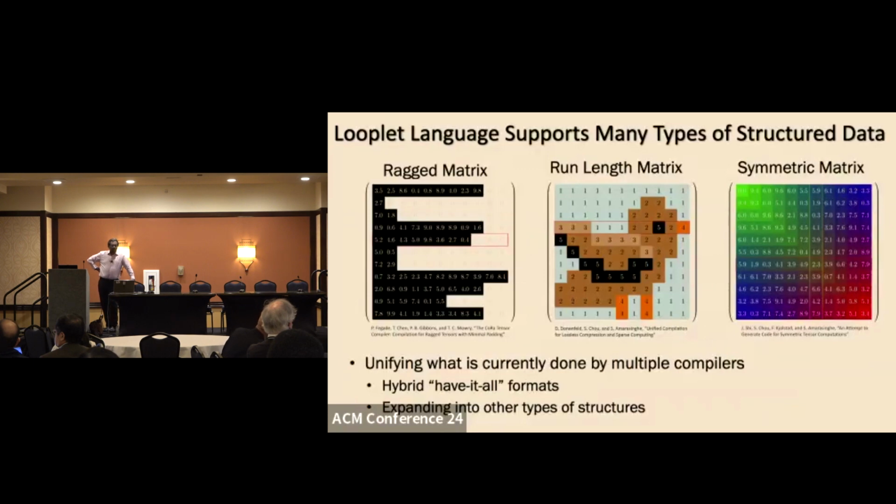But now I can have many different types of data structures: ragged arrays, low-rank matrices, symmetric stuff, all those things, and operate over that very efficiently. So this gives you the ability to deal not just with sparsity but with many interesting types of structured data in a very formulaic way and generate the most optimal code out of that.